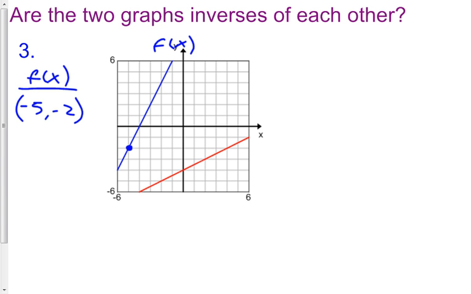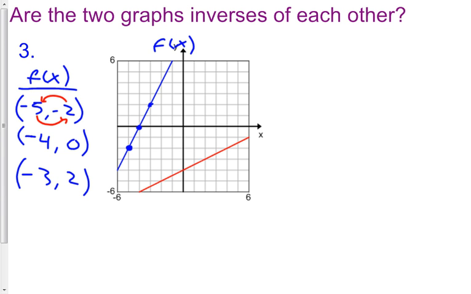Let's pick another ordered pair. 1, 2, 3, 4, 0. Another one is at -4, 0. And we'll pick one more. We'll go left 3 and up 2.